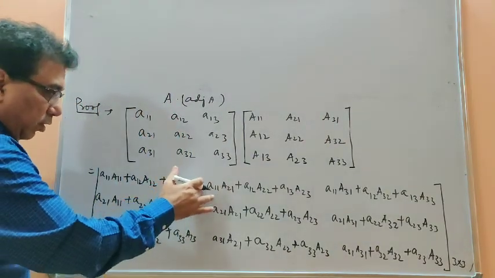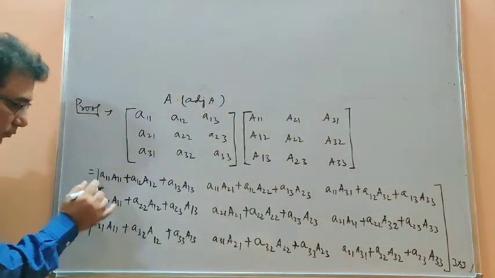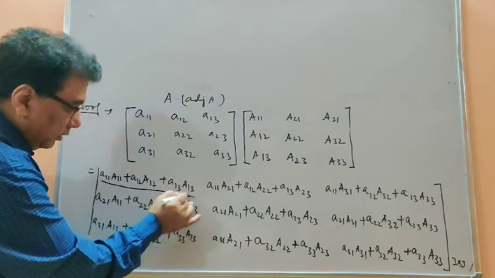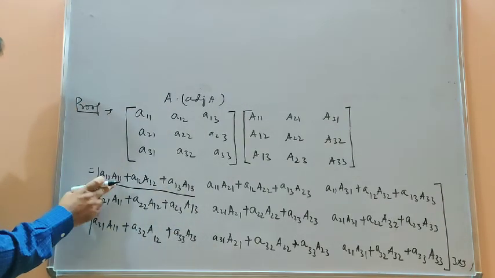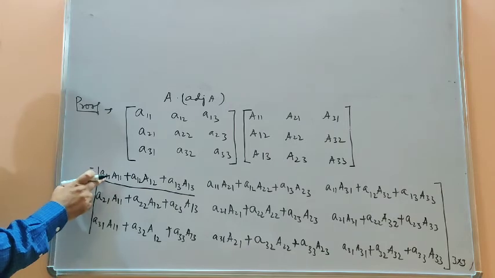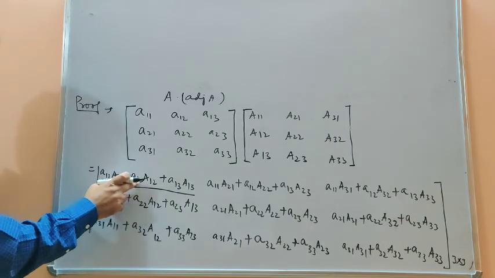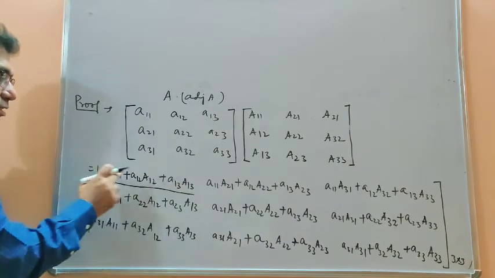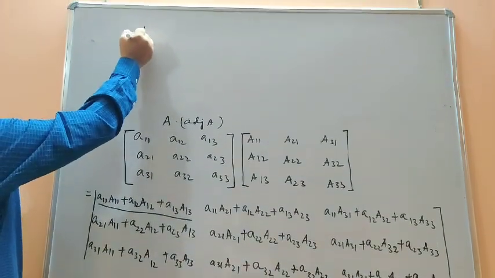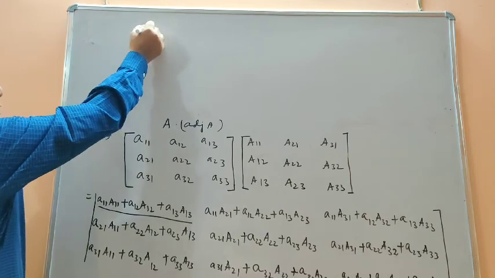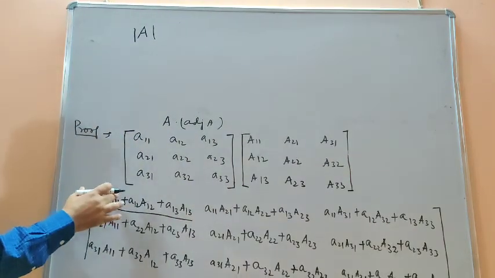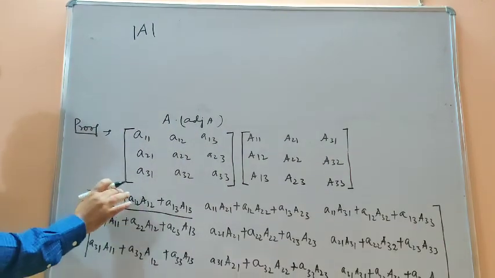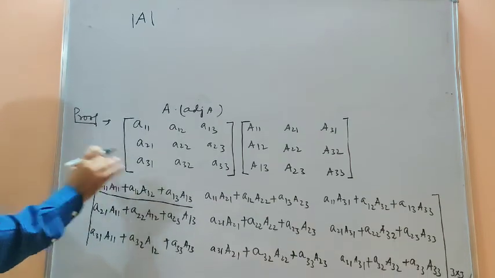This is the first column. In these elements we find that each element has been multiplied by its cofactor: A11 with capital A11, A12 with capital A12, A13 with capital A13. So this is the value of the determinant. I have just explained that when each element is multiplied by its cofactor and the products are added, we get the value of the determinant.